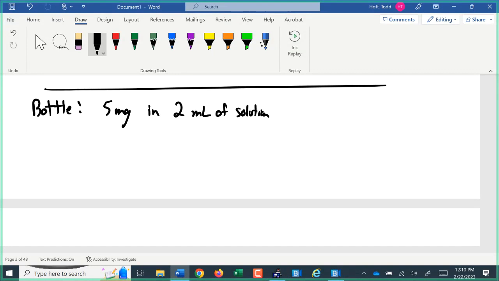Let's write this out. This gives us a rate of 5 milligrams in 2 milliliters. And the doctor has asked us to administer to a patient 20 milligrams of medication.